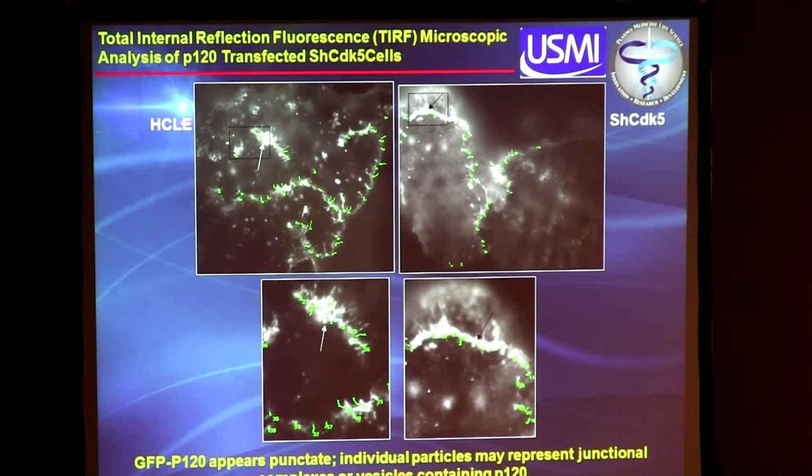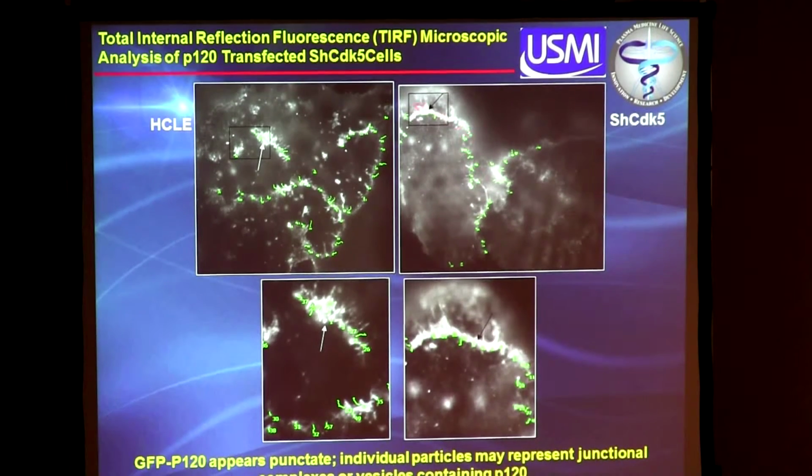This is for P120 catenin. You see that the green track is not as long as you saw in the previous slide, because the movement of P120 from inside to the outside of the cell was not long, or the P120 was not internalized.